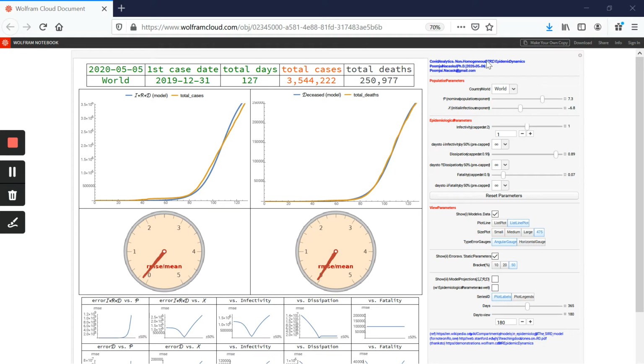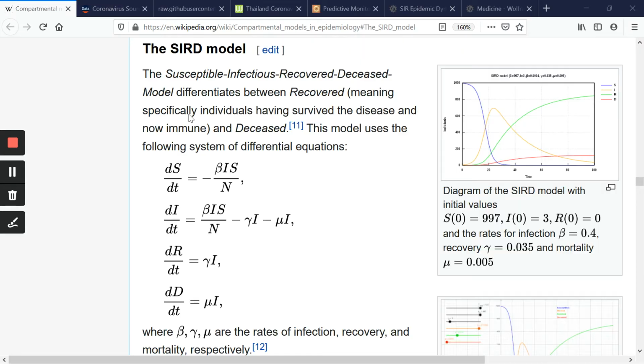I'm going to be discussing, first of all, what do I mean by SIRD? Okay. So let's go to this Wikipedia page on compartmental models in epidemiology. Basically, the whole framework traces all the way back to the work of Kermack and McKendrick in 1927.